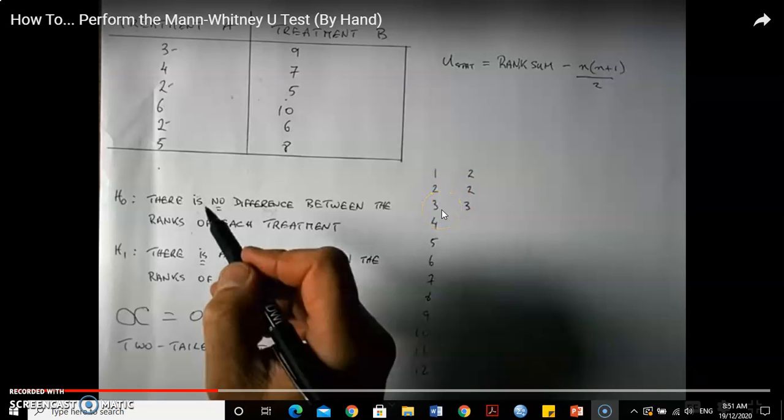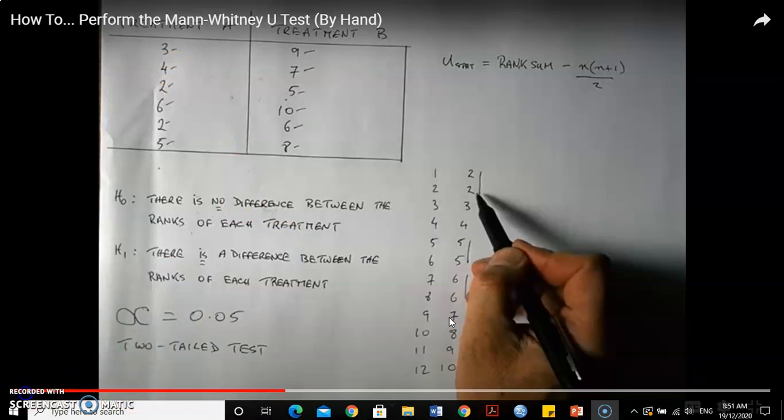So the following rank is number 3. All right. For the following number after 3 is 4. Right. And then we do this until the end of the data. All right. So the last number is number 10. Right.